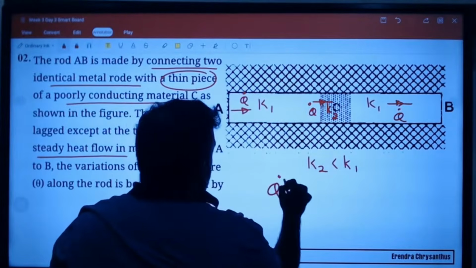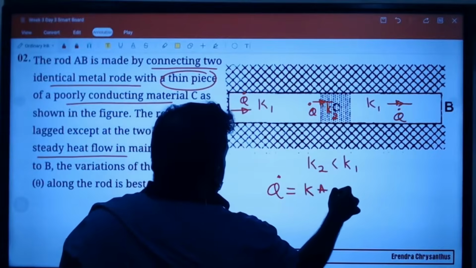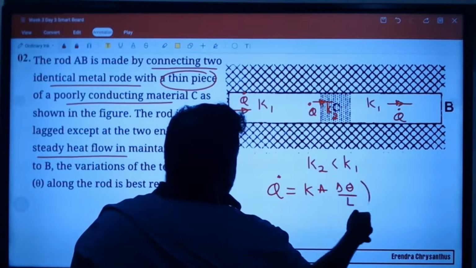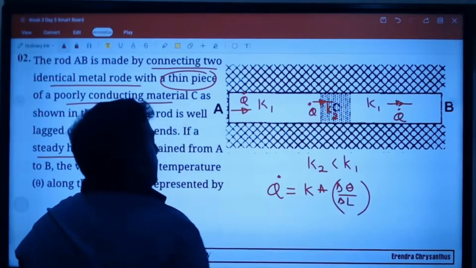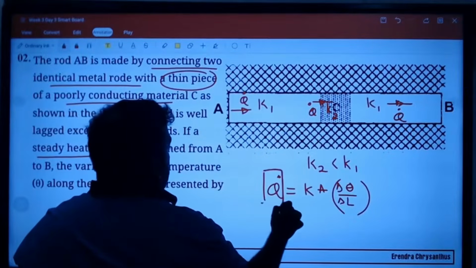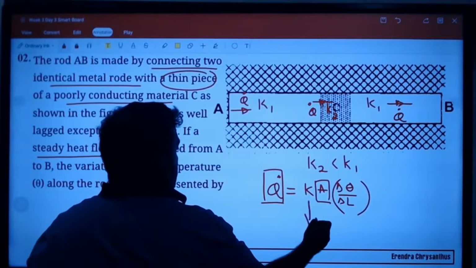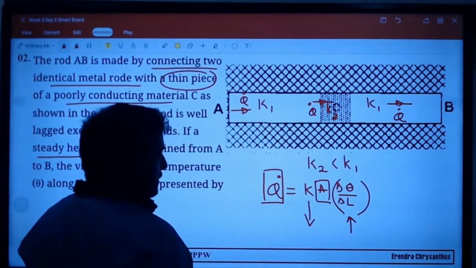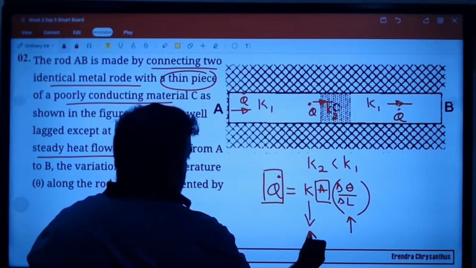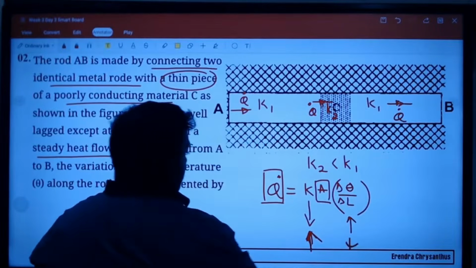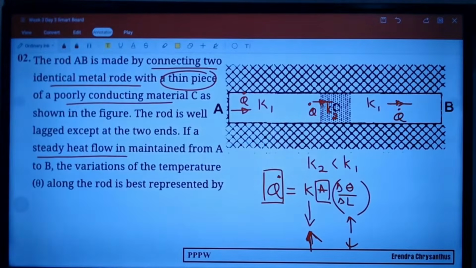Q dot is equal to K times A delta theta divided by L. Q dot is constant. Area is constant. Look at this carefully. When K reduces, gradient increases. When K increases, gradient will reduce.